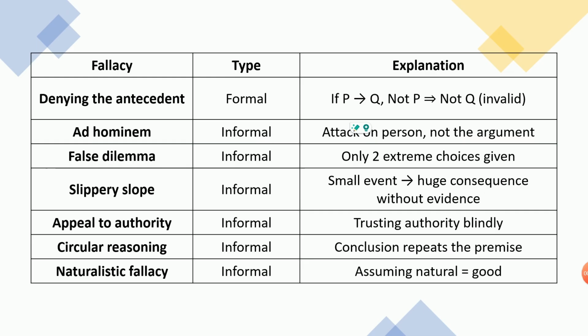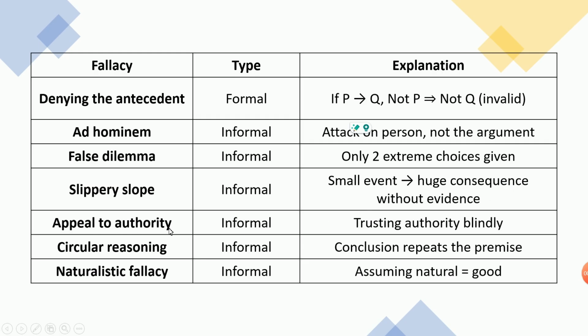That is a small event. The huge consequence they predict is that if the morning is cloudy, by night there will be floods on the streets. We don't have any relevant data for that argument. So that is a small event with huge consequences, but without proper evidence.